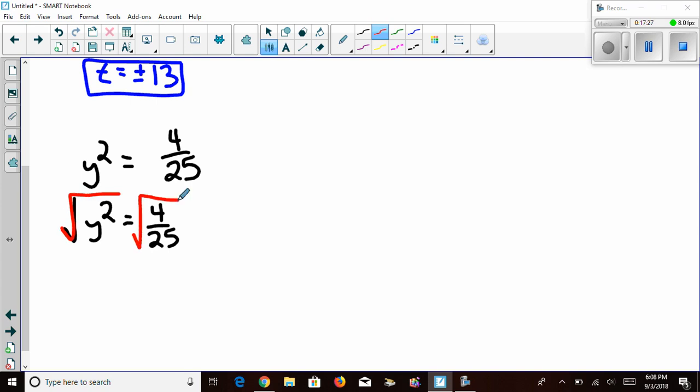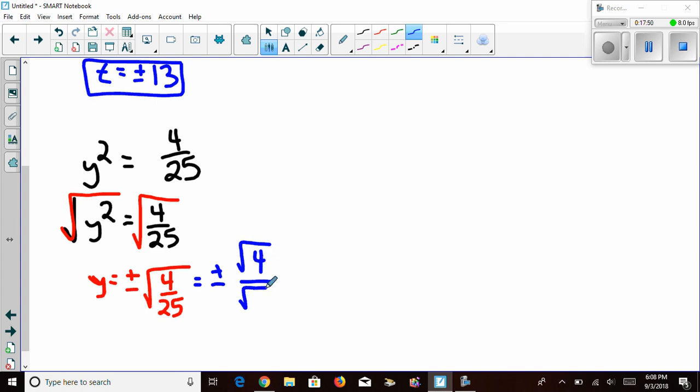The square root of y squared is y equals positive or negative square root of 4/25. That's positive or negative square root of 4 over the square root of 25, plus or minus 2/5.